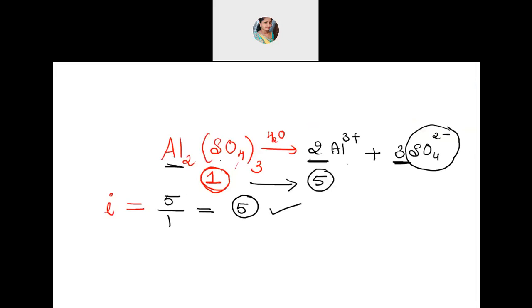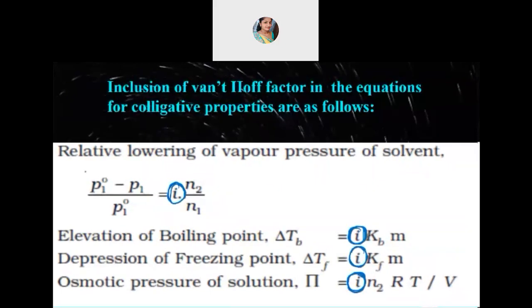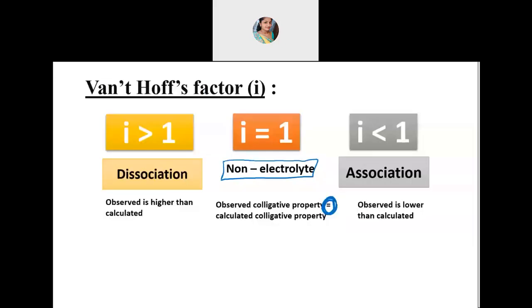Before that, it was this correction. You need to include that i factor. Then what is i? For different association, dissociation, and non-electrolyte.